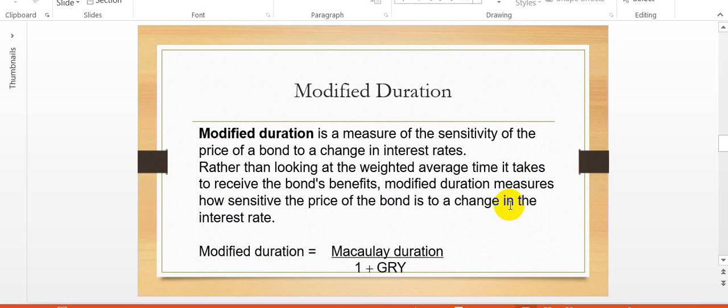We move to modified duration. In financial management, we covered sensitivity analysis. So modified duration is a kind of sensitivity analysis for bonds.